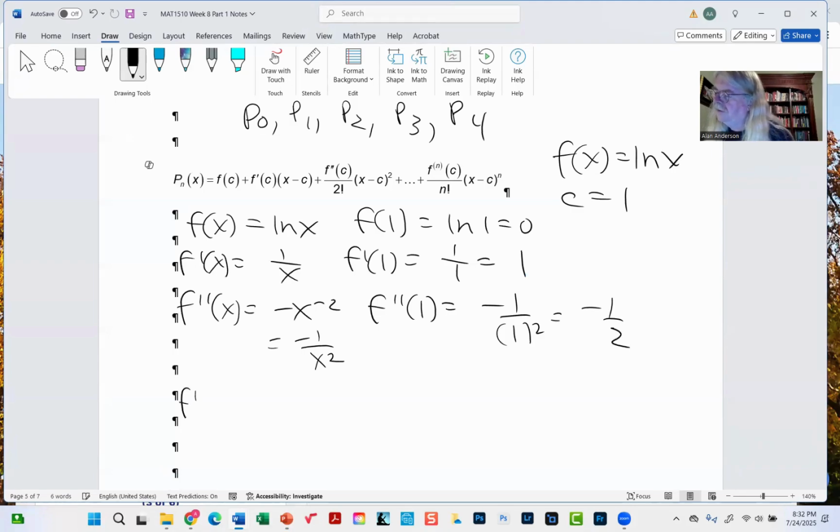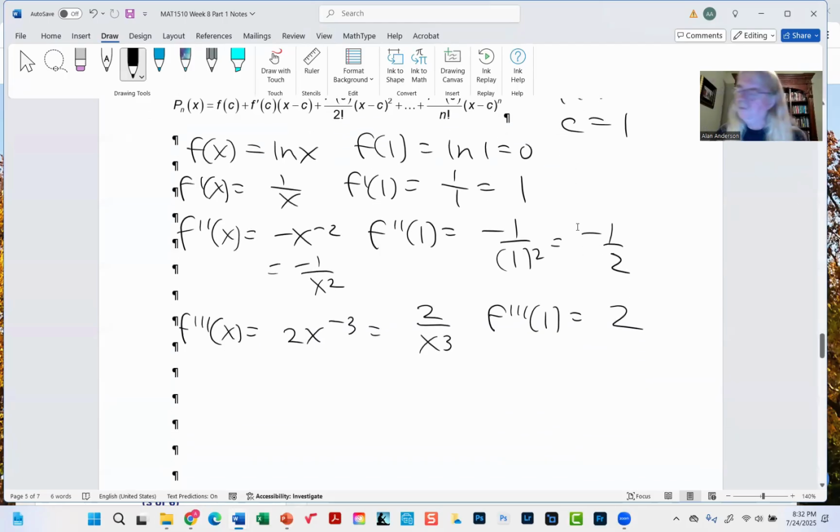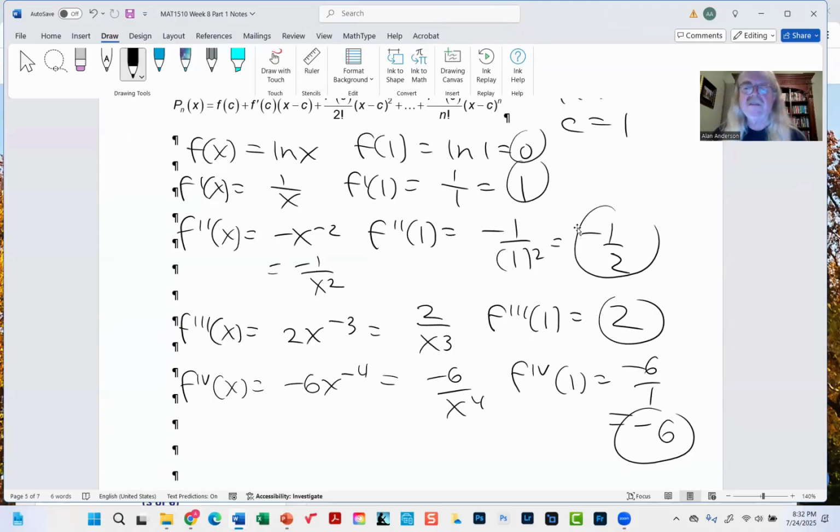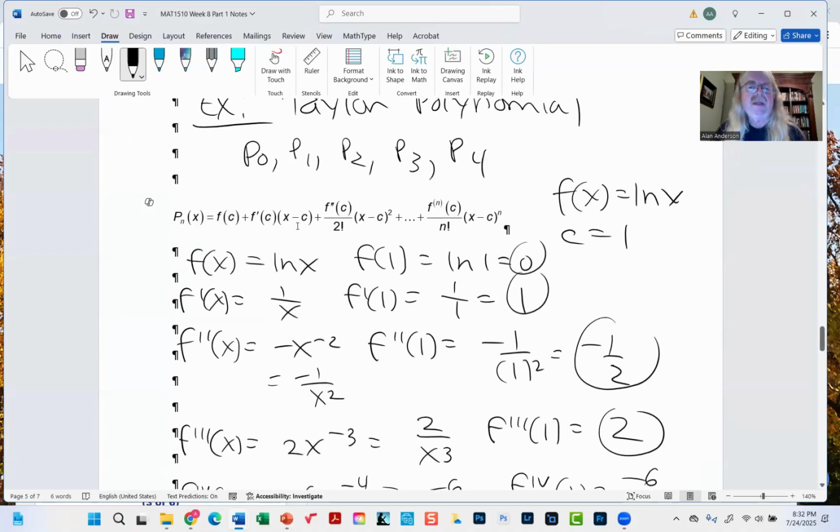The third derivative is going to be, and then finally the fourth derivative. And so those are the constants that we're going to need. All right, great.